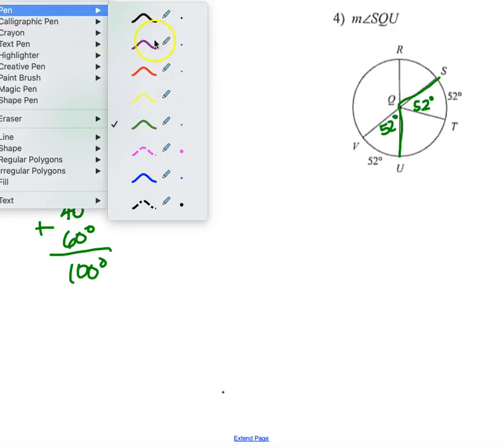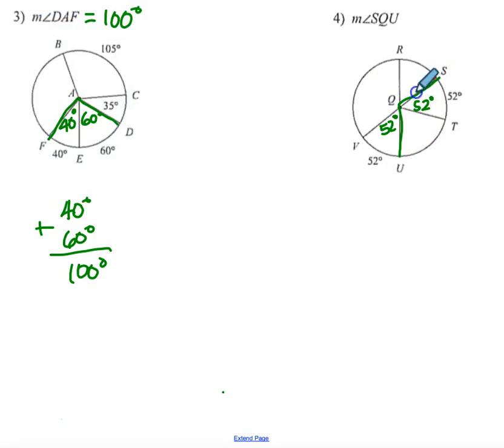If I look for a semicircle, which I have right here, remember a semicircle goes through the center of the circle. It has a diameter. It's 180 degrees. If I take 180 and subtract the 52 and the other 52, I get 76 degrees. So this is 76 degrees.